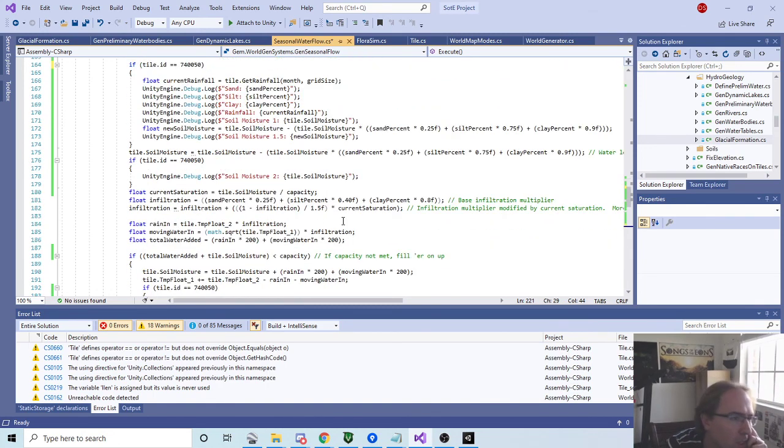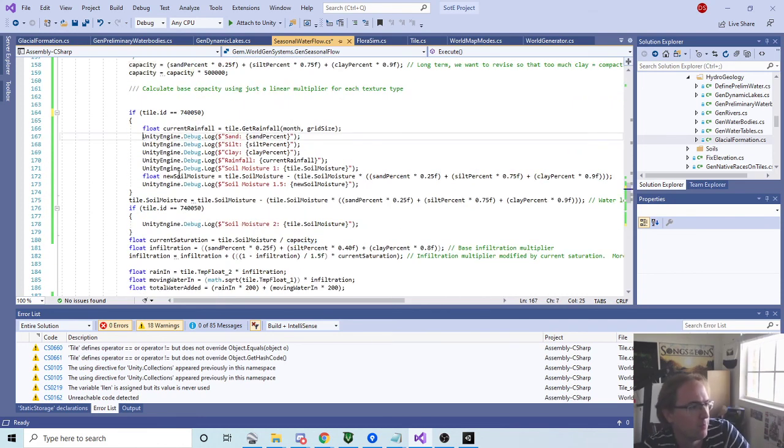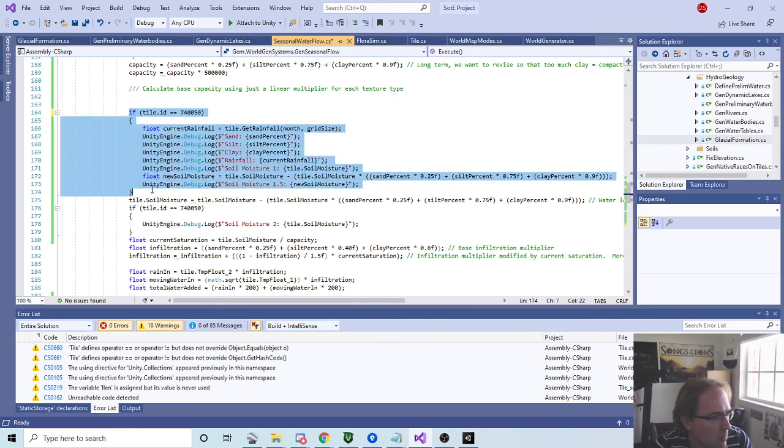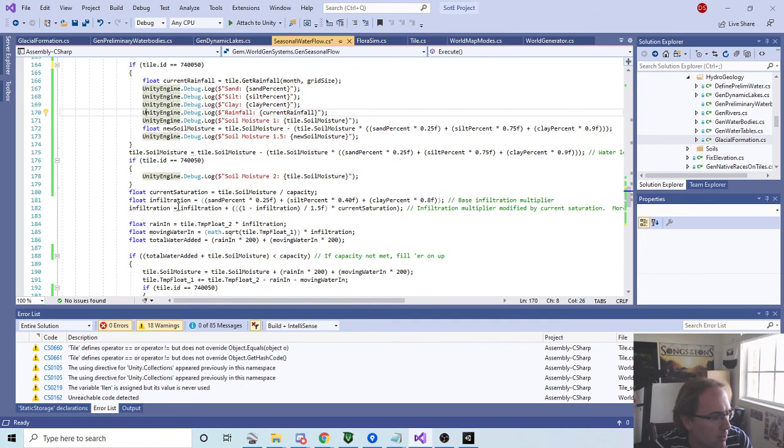Alright, let's find the few places we could expect a value of 0 that could be divided by something. Capacity? Okay, I know what to do. Let's have a big warning.